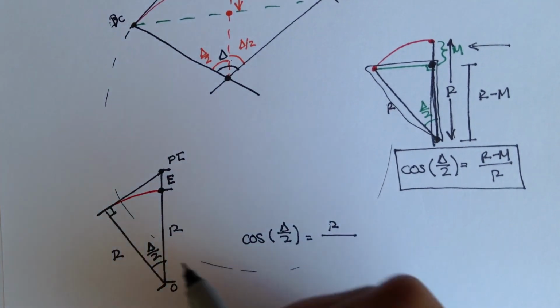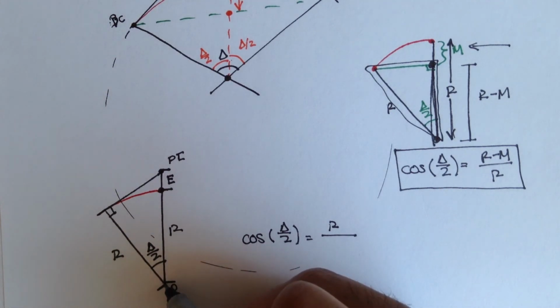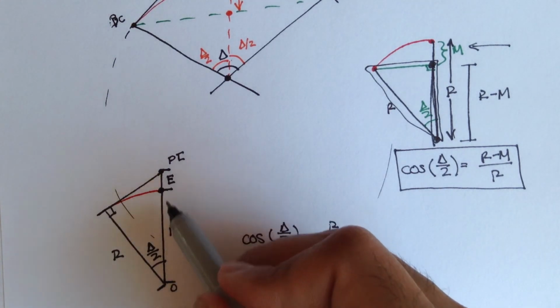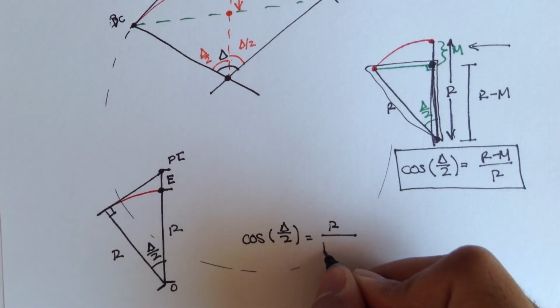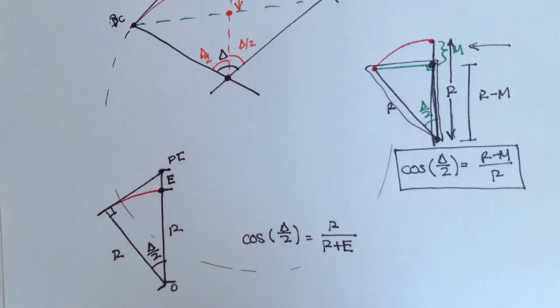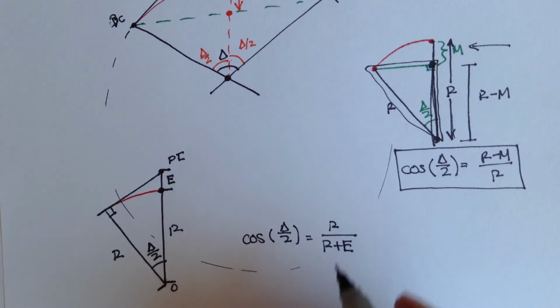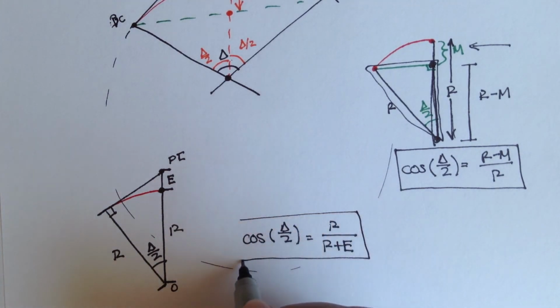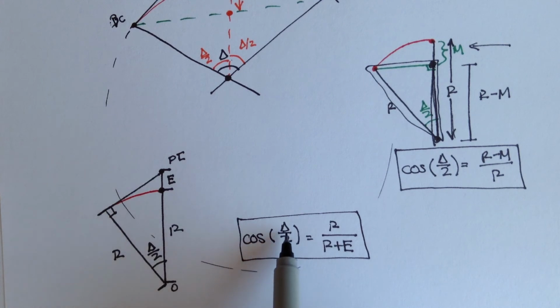And the hypotenuse for this triangle goes from the origin to the PI, so it's R plus E. So this is one formula you can use to figure out the external distance, knowing the interior angle and the radius.